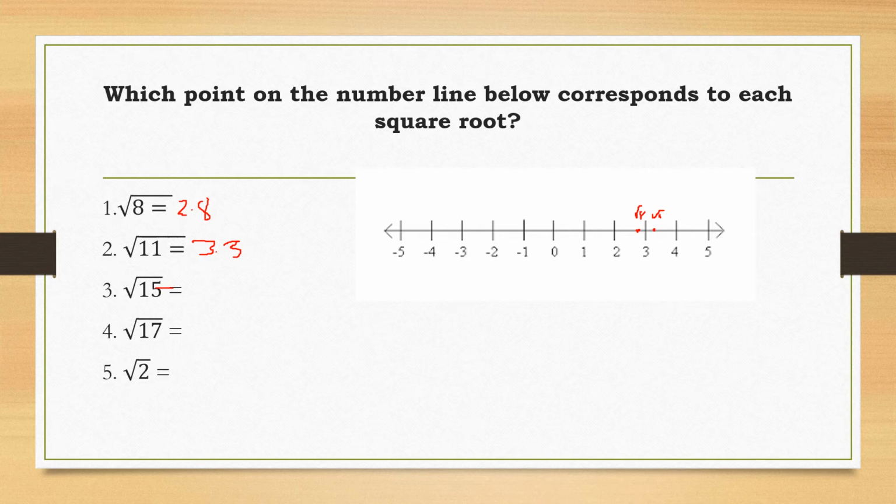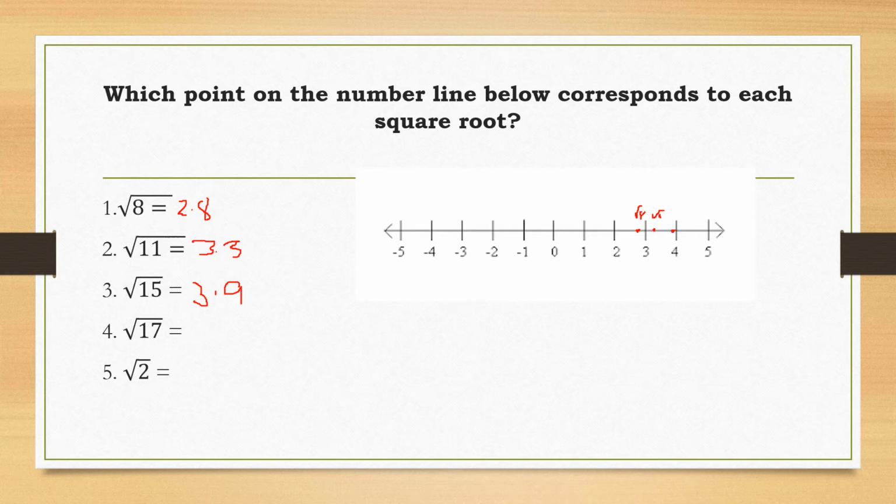So let's erase. Actually, the square root of 15 is 3.87. But if we're going to round it off to the nearest tenth, that is 3.9. And 3.9 is almost 4, no? Here.